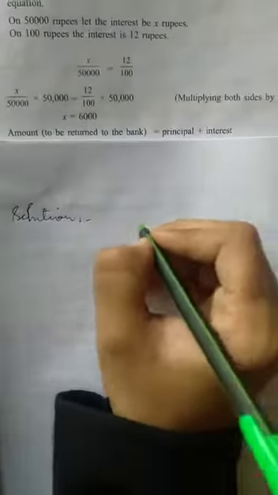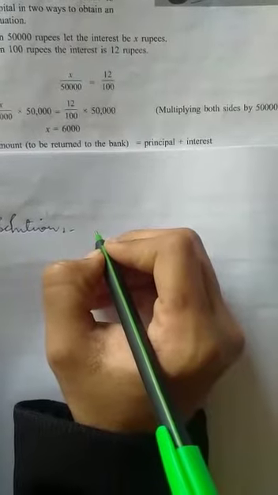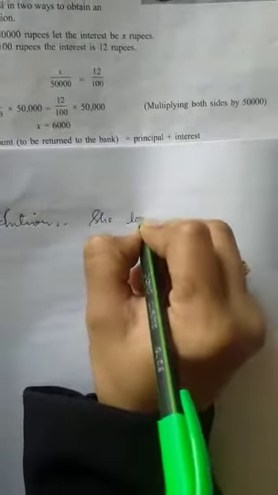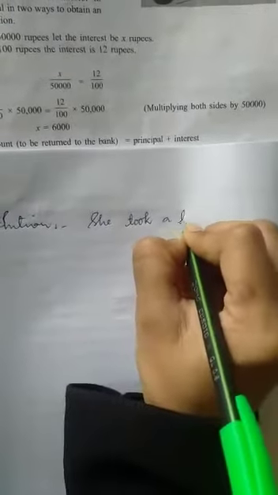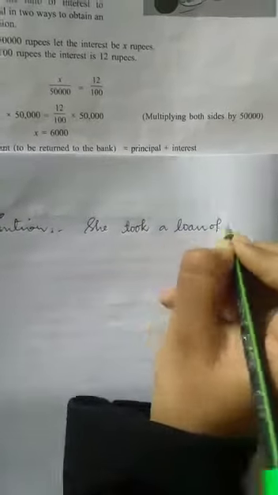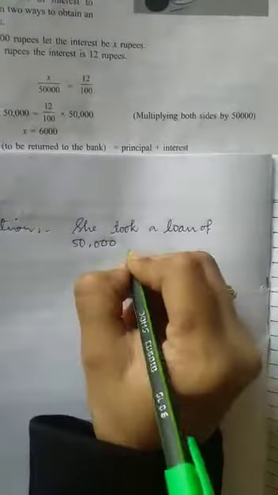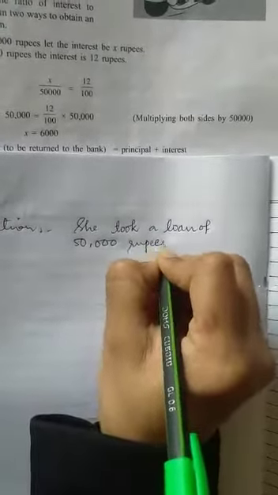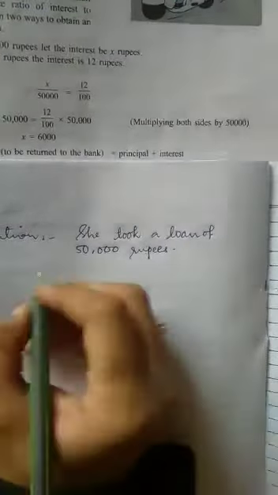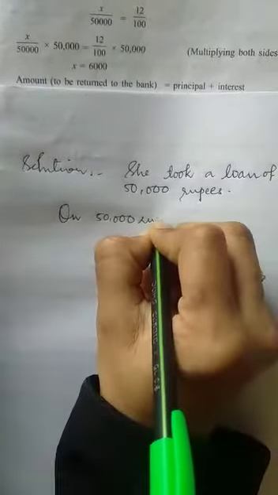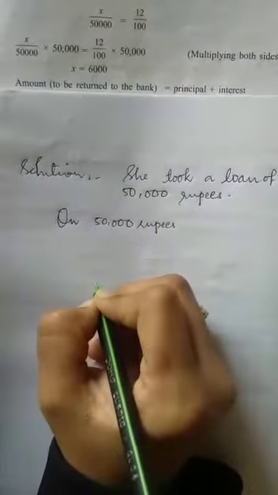Solution. First, she took 50,000 rupees from the bank. So we have to write she took a loan of 50,000 rupees. Okay. Then on 50,000 rupees, she has to pay some interest charges.